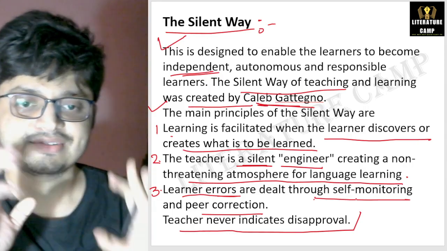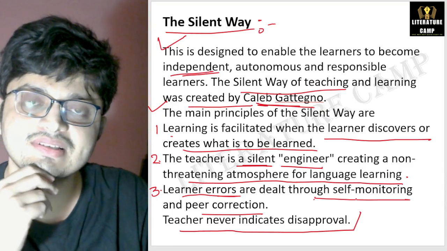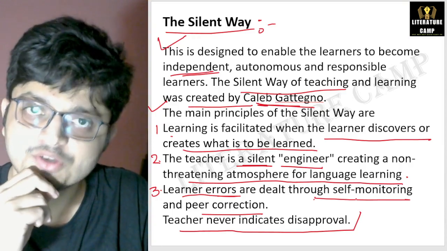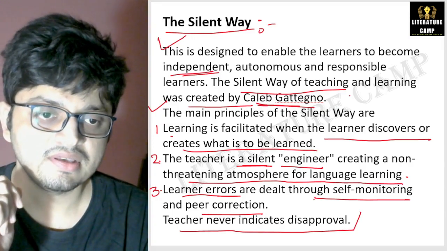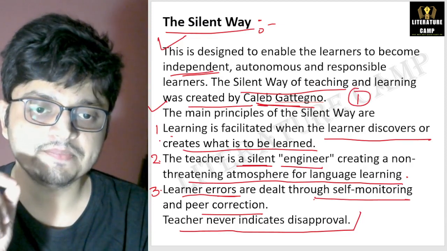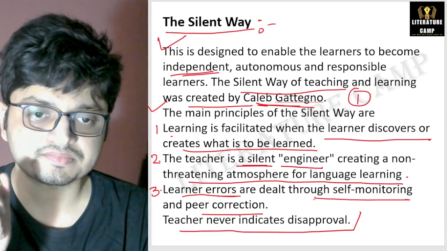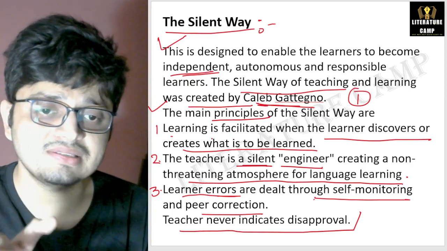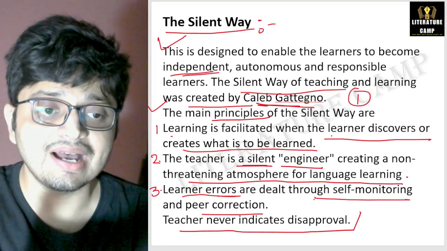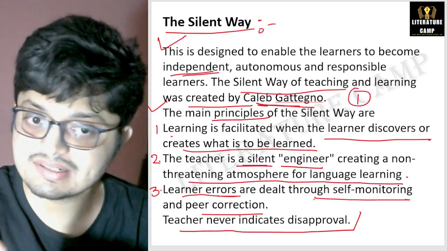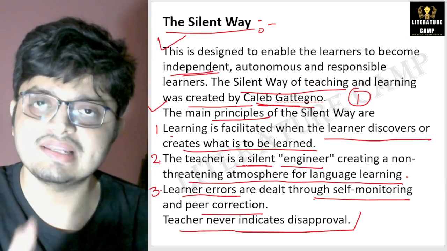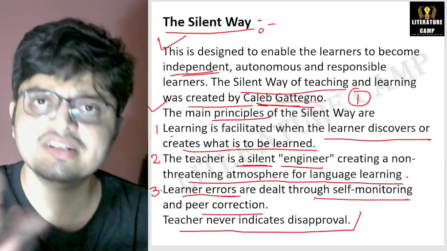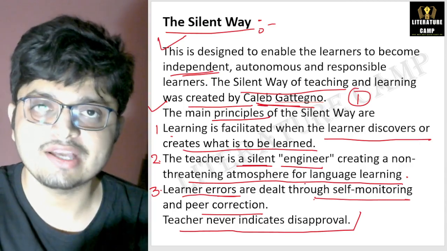All right. So this method was created by Caleb Gattegno. This is number one information, very much important. Secondly, the main principles: learning is facilitated when the learner discovers or creates what is to be learned. Secondly, the teacher is a silent engineer, creating a non-threatening atmosphere for language learning.